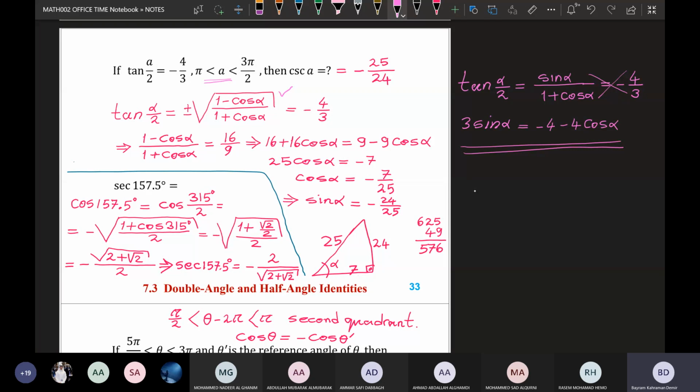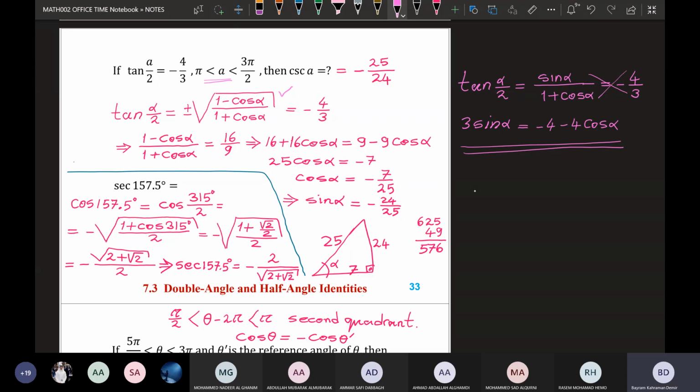So 1 plus root 2 over 2. When you simplify this one, you will get negative root of 2 plus root 2 divided by 2. And then for the secant, you need to turn it upside down, which is negative 2 divided by root of 2 plus root 2.